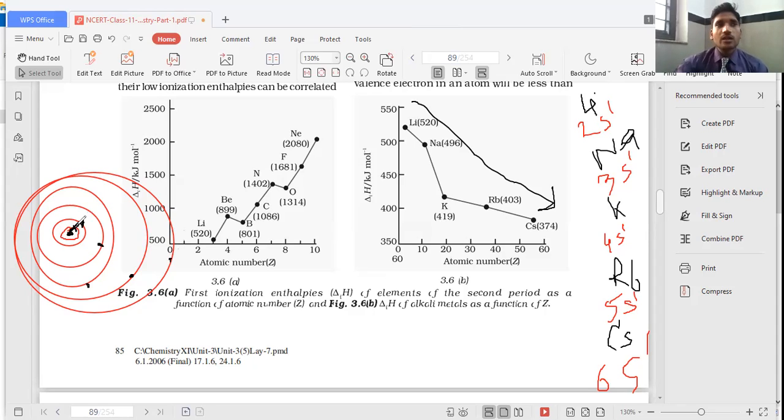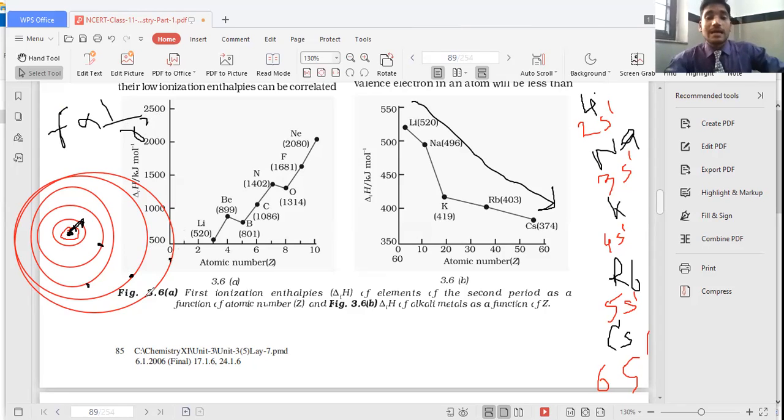Electrostatic force of attraction. Electrostatic force of attraction is the non-contact force. All the non-contact forces in this universe follow the inverse square law, right? It means as the distance from the nucleus increases, the force of attraction by which the nucleus is binding the electron will keep on decreasing, right?